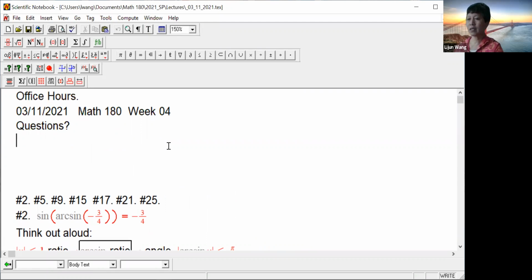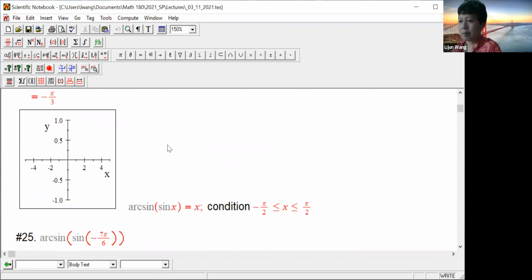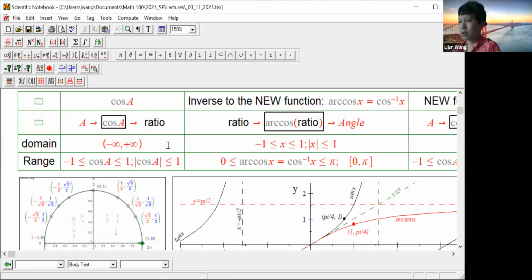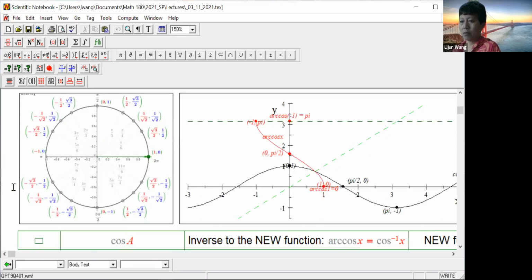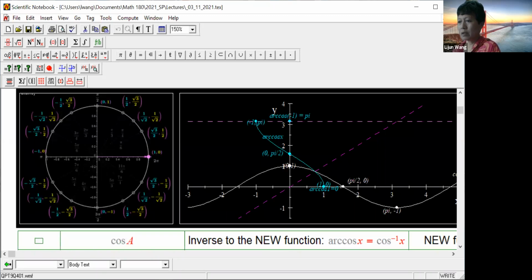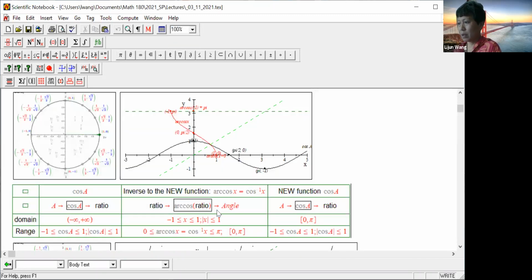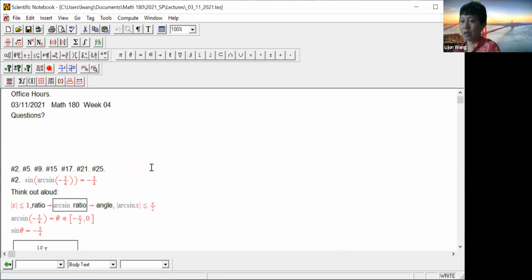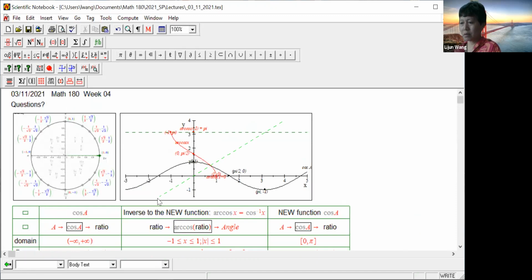For cosine, of course, the overall scheme is about, you know, I put these over here for my convenience and also for yours. I hope you have written these down and truly understand them. I'm not inviting you to memorize these things.